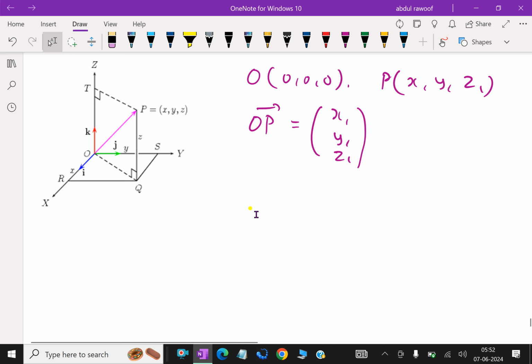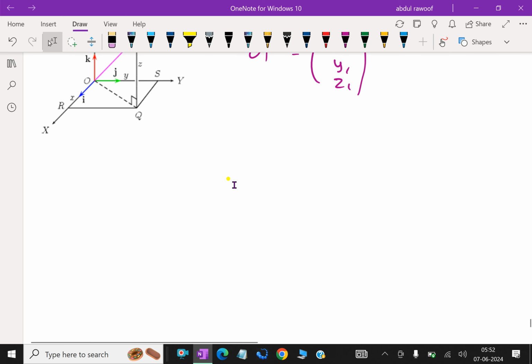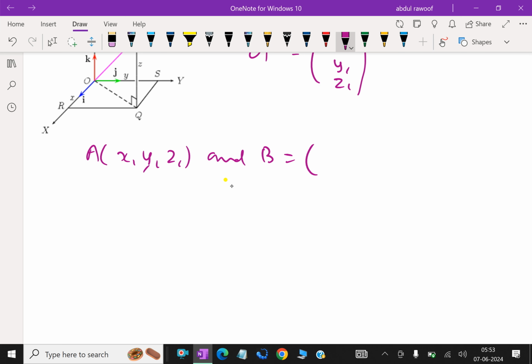Now, in the space, there are 2 points. Let point A equal x1, y1, z1 and B is the point x2, y2, z2.